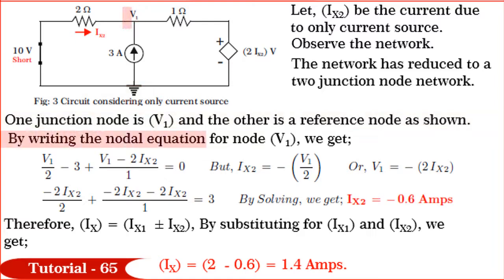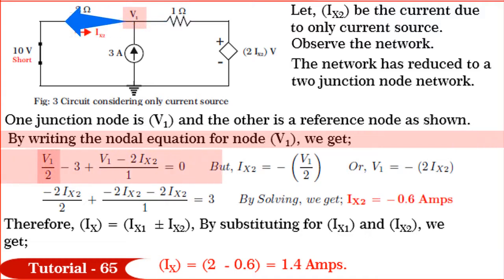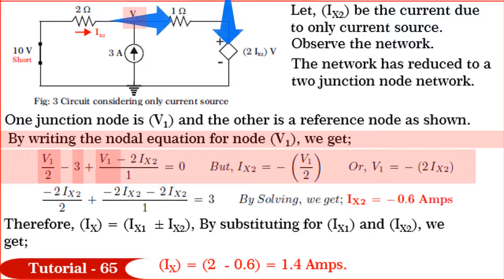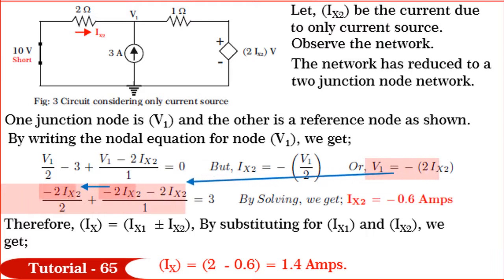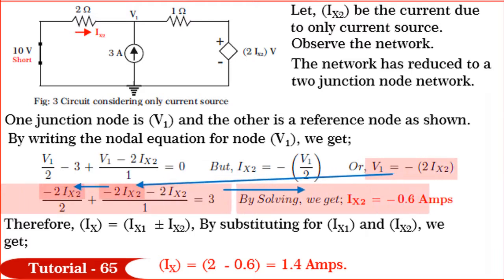So, by writing the nodal equation for node V1, we get V1 by 2 minus 3 plus V1 minus 2 Ix2 divided by 1 is equal to 0. But Ix2 is equal to minus V1 divided by 2 or V1 is equal to minus 2 into Ix2. By substituting for V1 and solving, we get Ix2 is equal to minus 0.6 amperes.